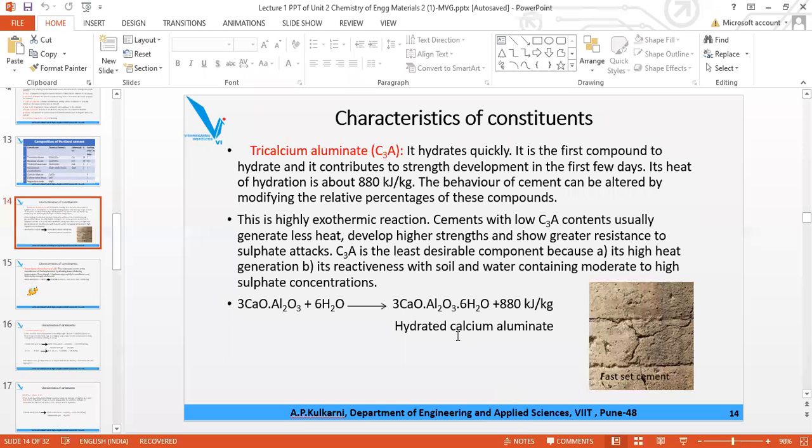This is called hydrated because a water molecule is there. Hydrated calcium aluminate. CaO we always call calcium, and Al2O3 is alumino or aluminate. Just learn the reaction within half a second.